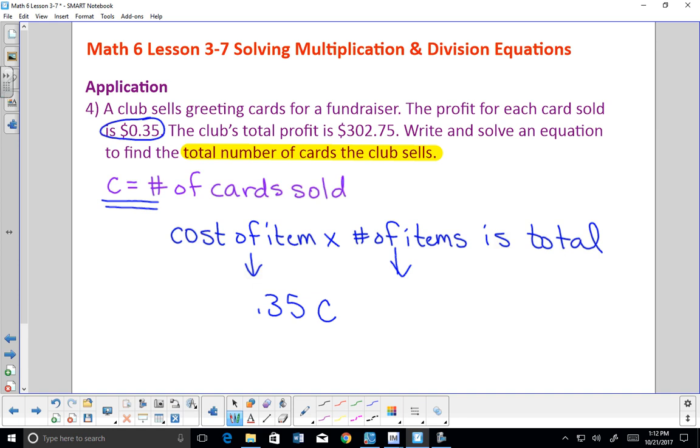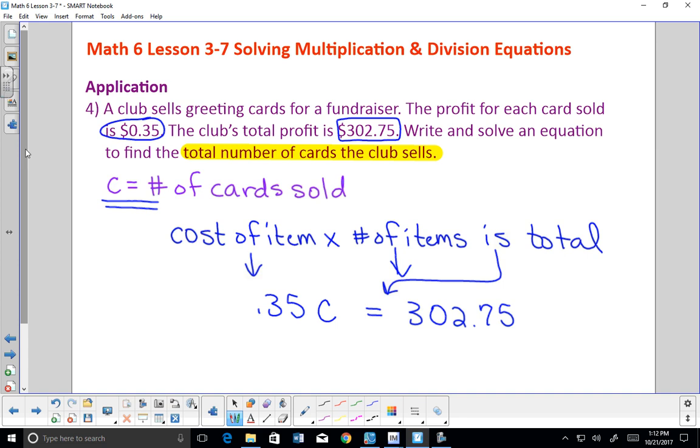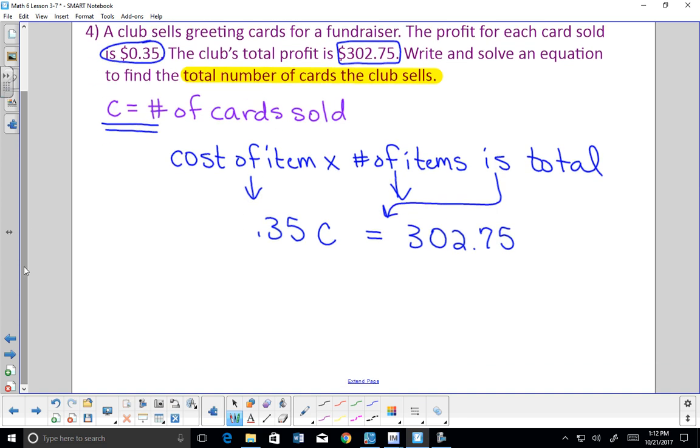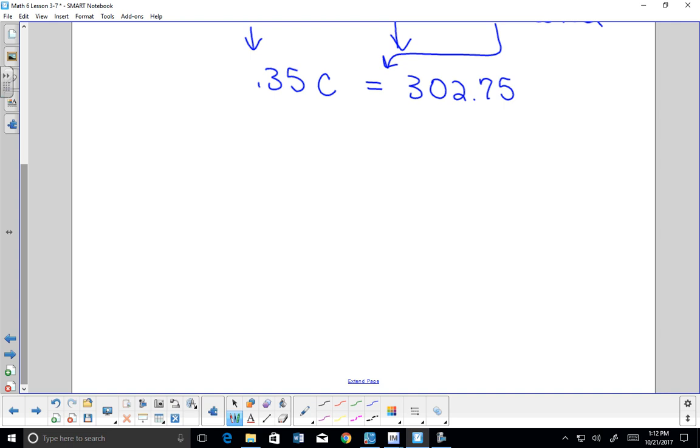If you have a number multiplied by a variable, you just write it next to each other. The word is means equals, and the total was $302.75. So there we have our equation. 0.35C equals 302.75.